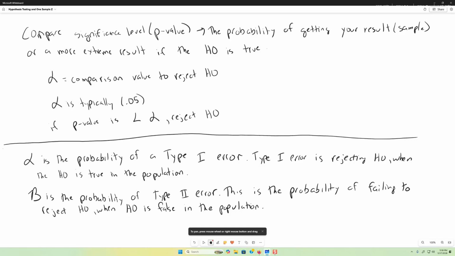So the treatment is working, but based on the sample, you can't tell that. You think the treatment's not working. And so then you shelve the treatment. You say, oh, this treatment doesn't work. Let's try something else. When in reality, if you had the entire population, you would find out that your treatment actually works. So this is a really frustrating problem because you have a good idea, but you just can't find the results of that good idea in the sample.